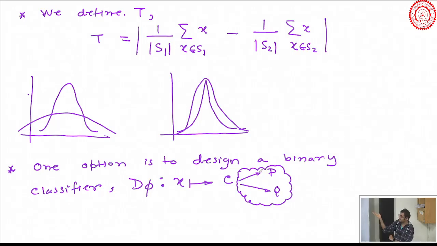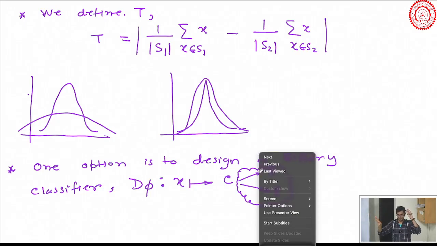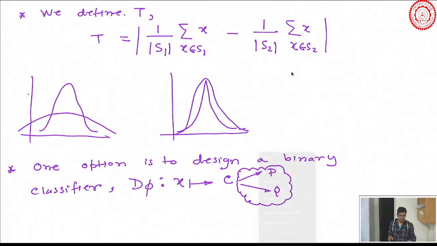It is the same as before, because remember, you have two sets. One is your S1 where you have samples from P. The other one is your S2 where you have samples from Q. Now imagine a new sample is coming. Should it go to S1 or S2? The same flavor.